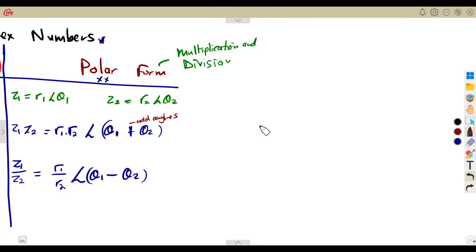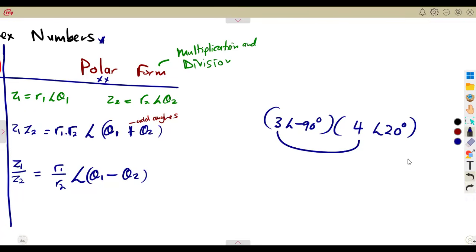Same as the multiplication, just have to multiply, add the angles. So now, let's say we are given 3 angle of negative 90 degrees, and this is multiplying 4 angle of 20 degrees. It's a multiplication in polar form. So it's R1 times R2, meaning 3 times 4.